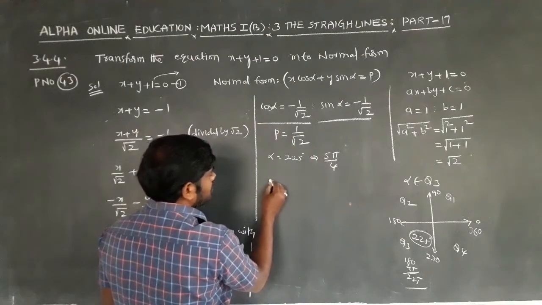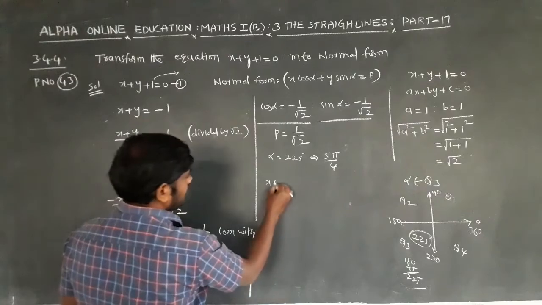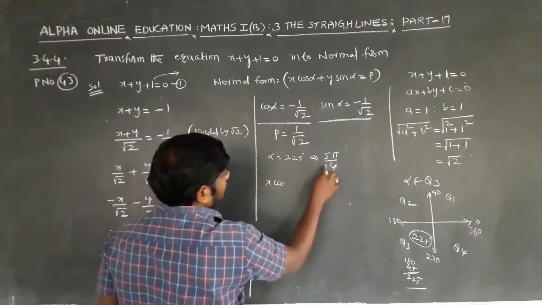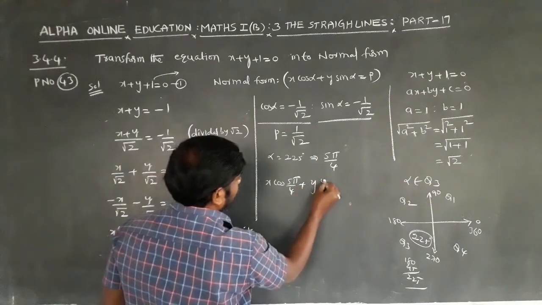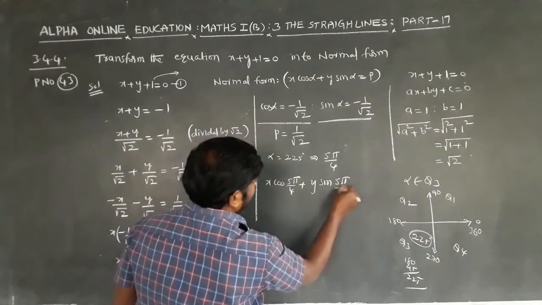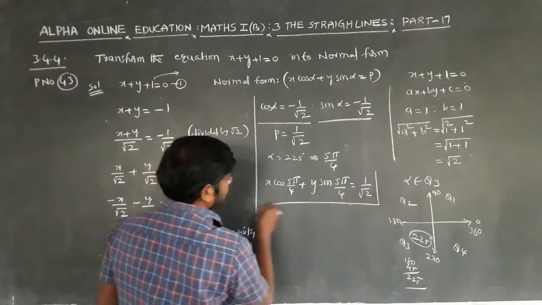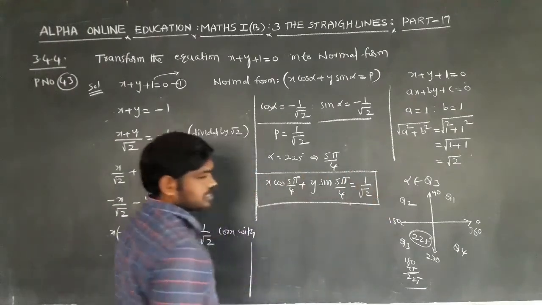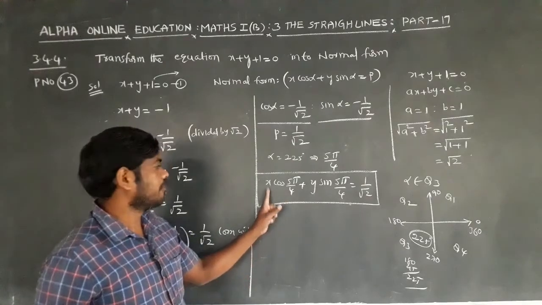So the equation of the straight line in normal form is x cos alpha plus y sin alpha is equal to 1 by root 2, with alpha equal to 5 pi by 4. That is, x cos 5 pi by 4 plus y sin 5 pi by 4 is equal to 1 by root 2. This is the equation of the straight line in normal form.